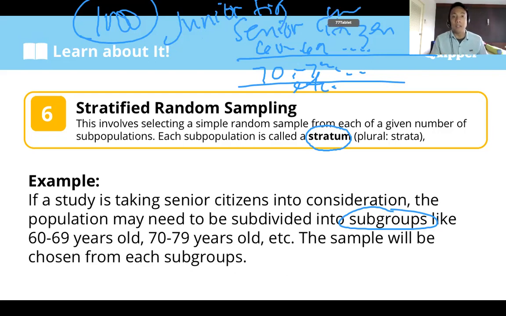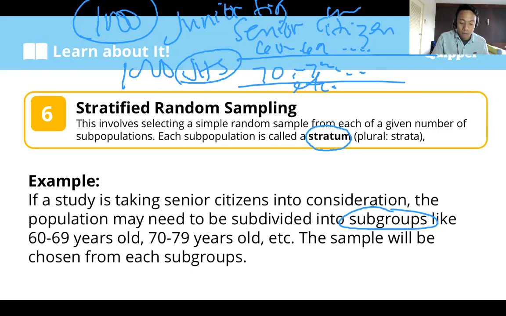Okay, for example, the junior high school students. So in a school, for example, in Bethany Christian School, we have a total of 1,000 junior high school students. Okay, so that's 1,000. At the minute, it involves grade 7, 8, 9, and 10. So since your population is about junior high school students, you can subdivide them or subgroup those junior high school students into their grade levels.